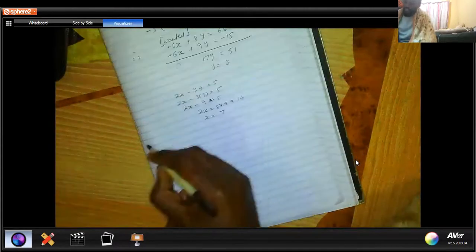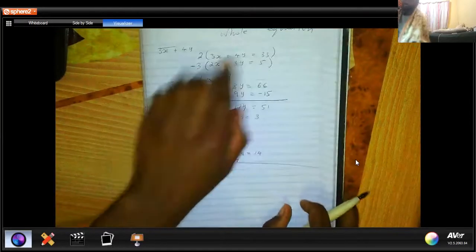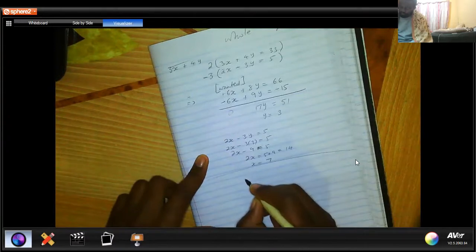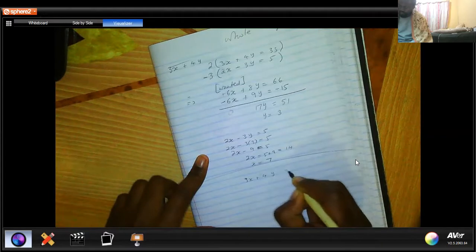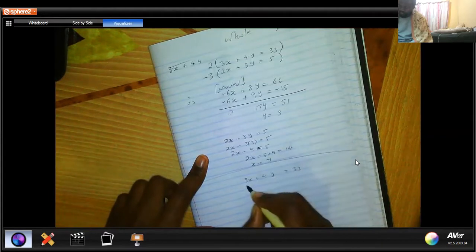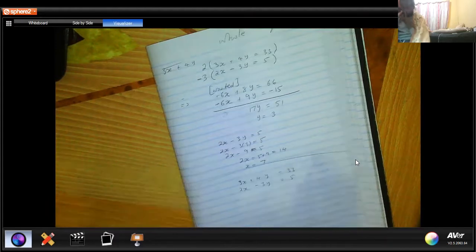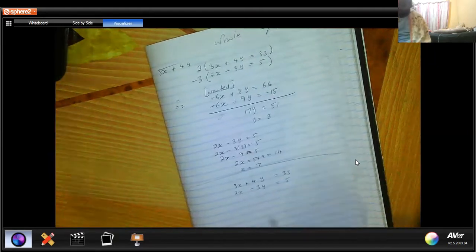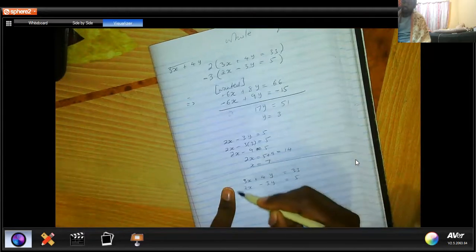But now, instead of cancelling x, so instead of eliminating x, let me eliminate y instead. Now, fortunately, for our part, the signs are already opposite, unlike here, when the signs were the same.